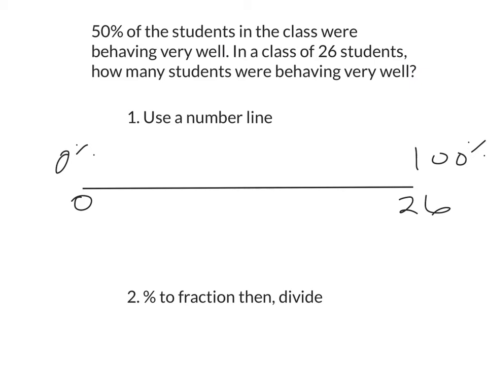Well, you guessed it, it would be halfway through here. So this is 50%. So what would be half of 26? What's half of 26? All right, the answer would be 13.